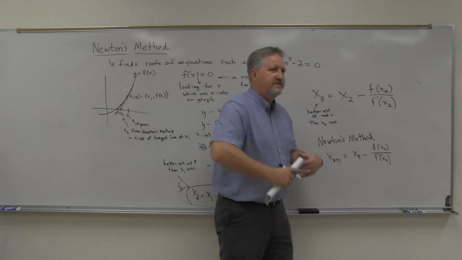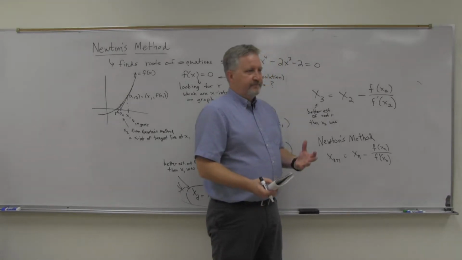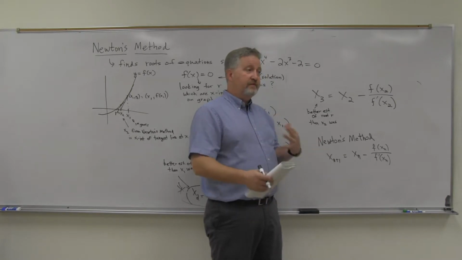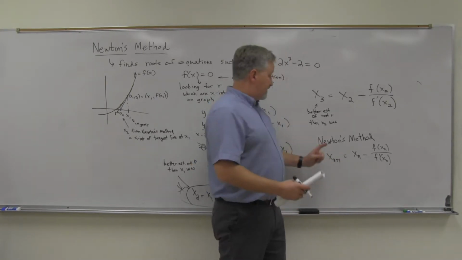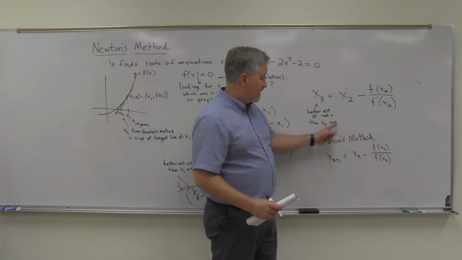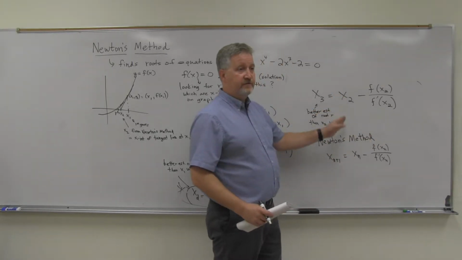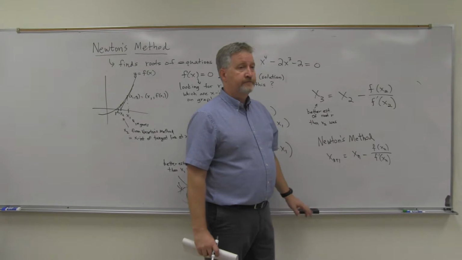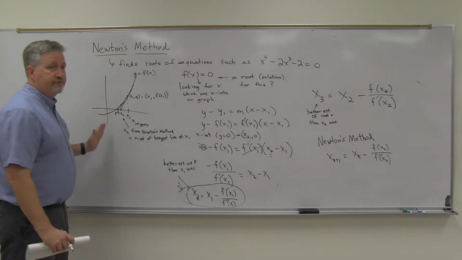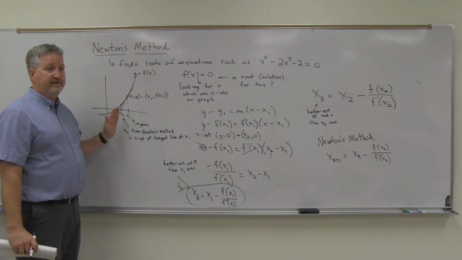And so x of n is whatever value, the one you guess, or the one that the formula gives you. The next better one is the x of n plus 1. So it's always this format, okay? So this is how it works. It just keeps getting those x-intercepts of the tangent lines.